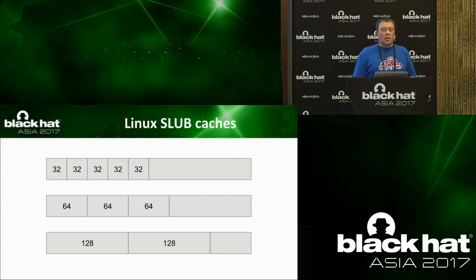So if we have slab cache 32, the whole memory region is broken into equal chunks of 32 bytes. If you have slab cache 64, the region is broken into 64-byte chunks, and with slab cache 128, into equal 128-byte chunks. It doesn't have to be a power of 2; there are sizes in between. This slide just briefly shows what slab caches are available.